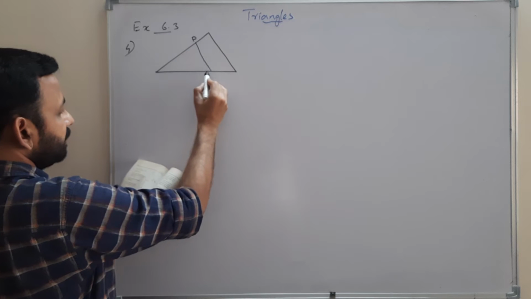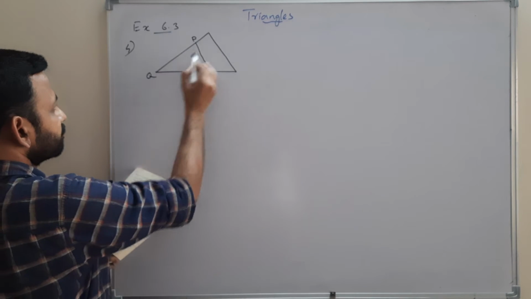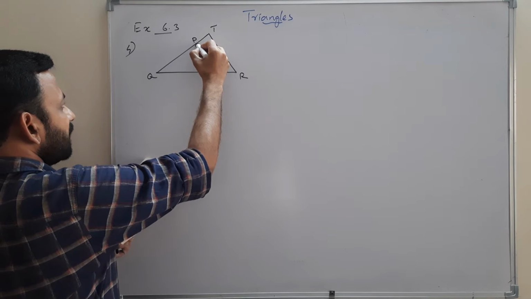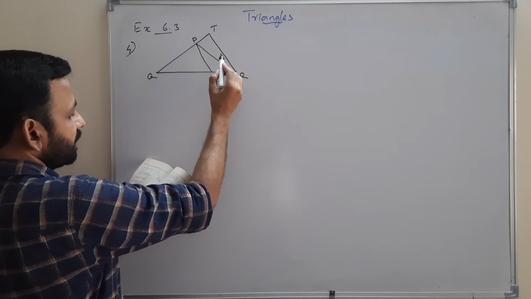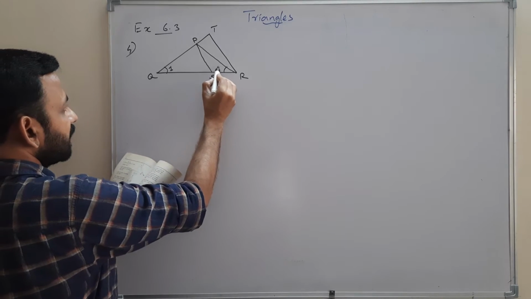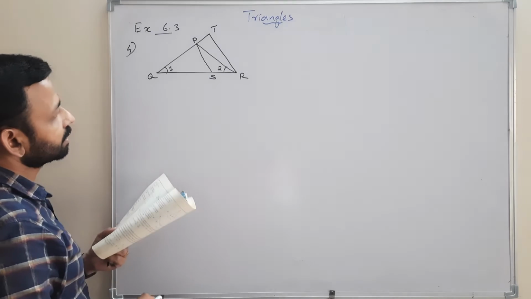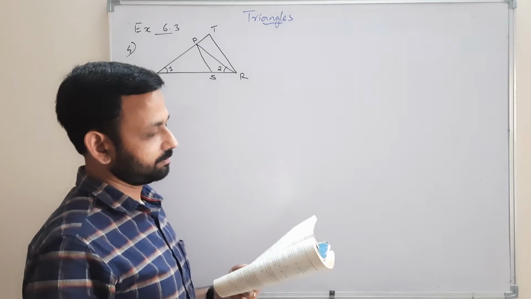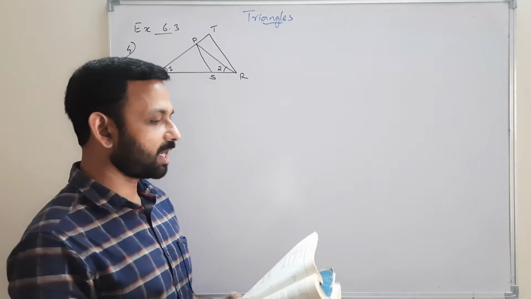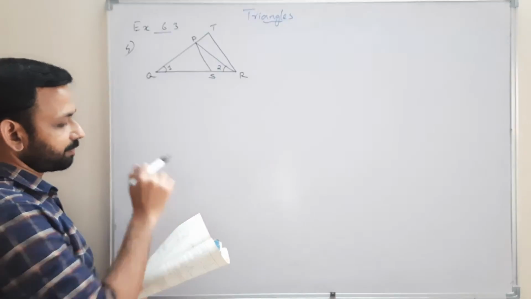Here P, PSQ, and here TR, and one more line segment, and here this is angle 1, and this is angle 2. In figure 6.36, QR upon QS is equal to QT upon PR.